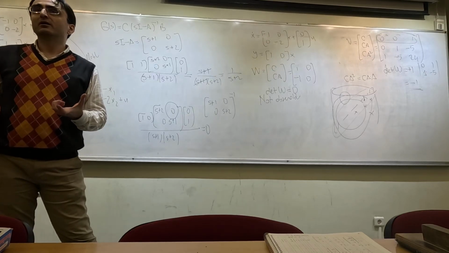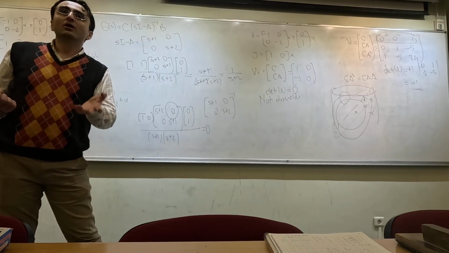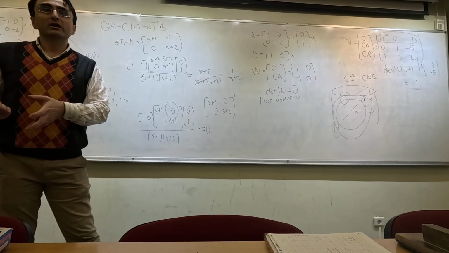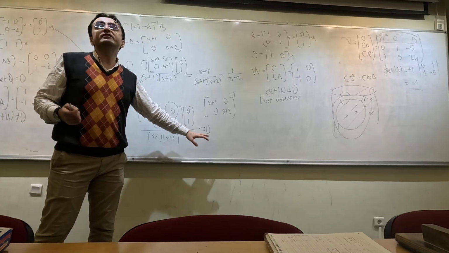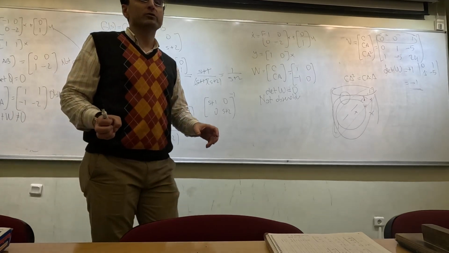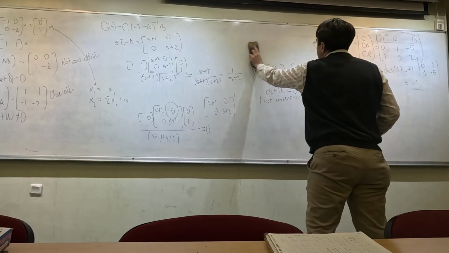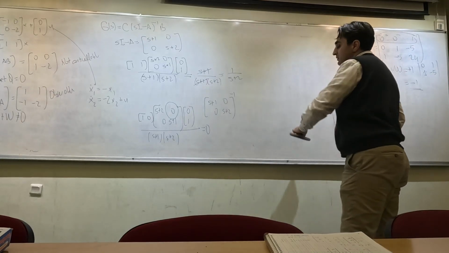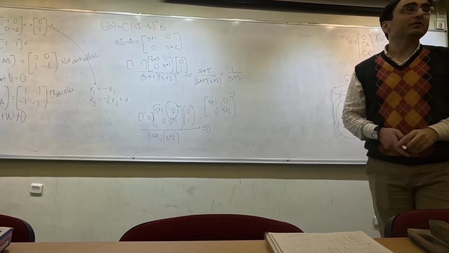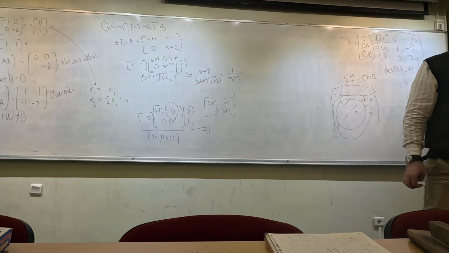What is happening here? All parts of the system are either not connected to the input or they are not connected to the output. That means that they are going to disappear from the transfer function of the system, which is an input-output relationship. So here, when we have a linear time invariant system, we can always divide it into some parts.